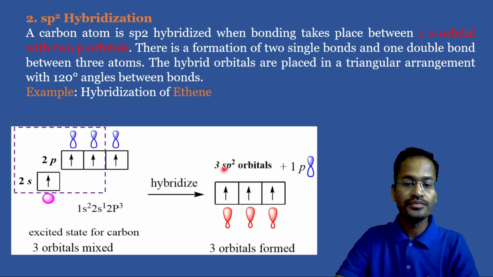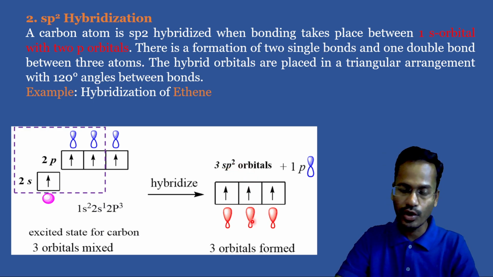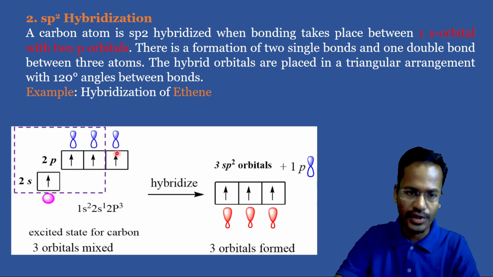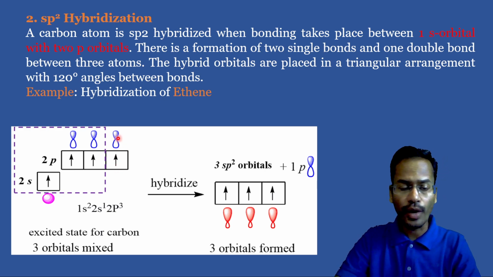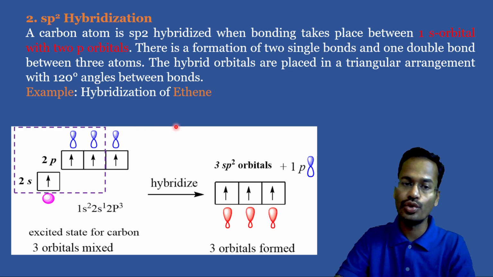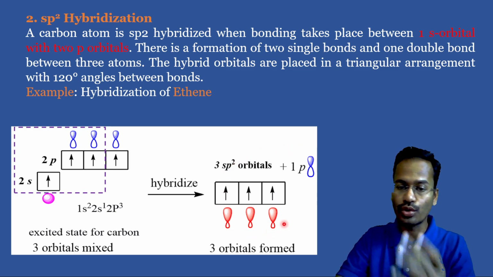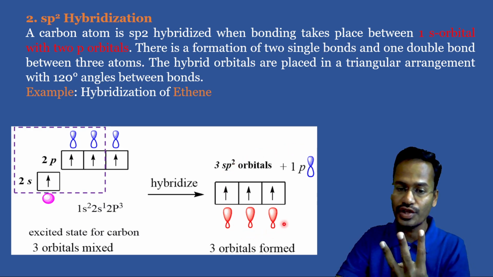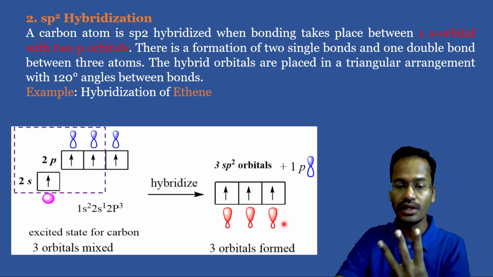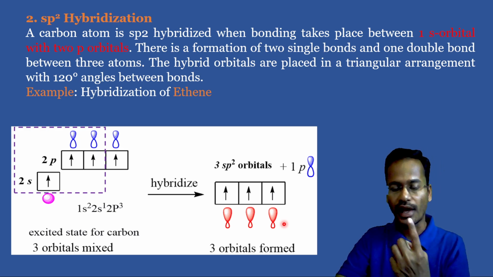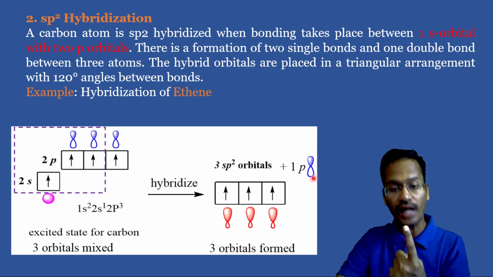That is three sp2 hybridized orbitals, and one orbital which didn't participate in hybridization is going to remain as such, that is an unhybridized orbital. So upon completion of sp2 hybridization, the carbon atom is going to have total 4 orbitals, out of which 3 are hybridized orbitals, that is sp2 hybridized orbitals, and 1 is going to be an unhybridized orbital.